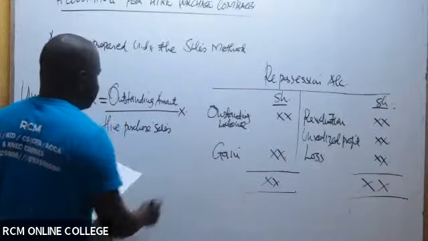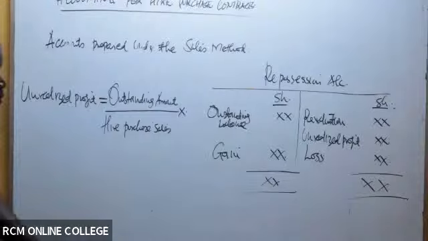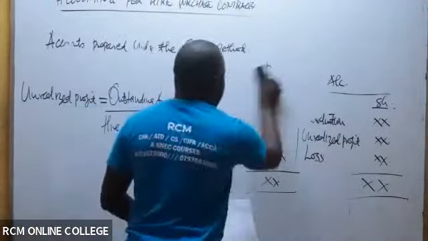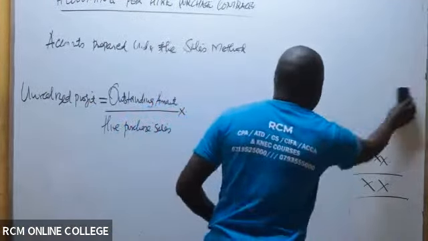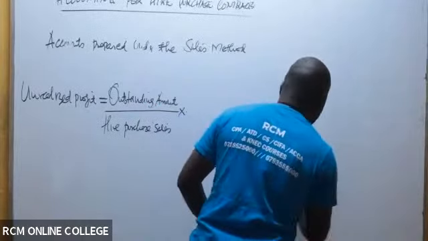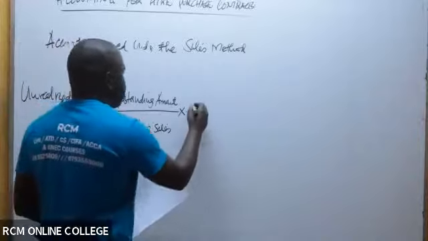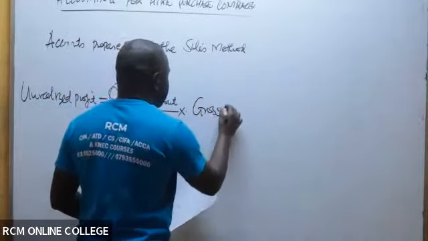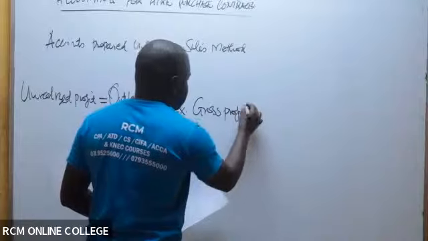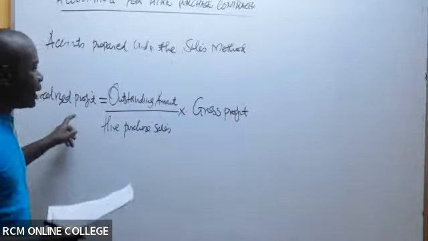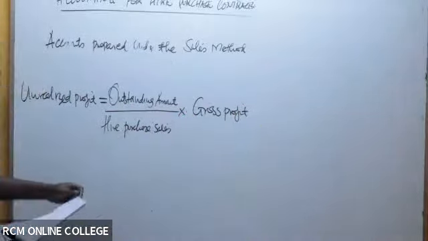You multiply by the gross profit on these hire purchase sales. So hiyo unrealized profit unaongelelea utapeleka pale kwa repossession account, even the formula.